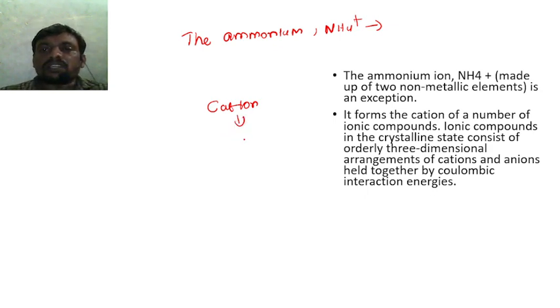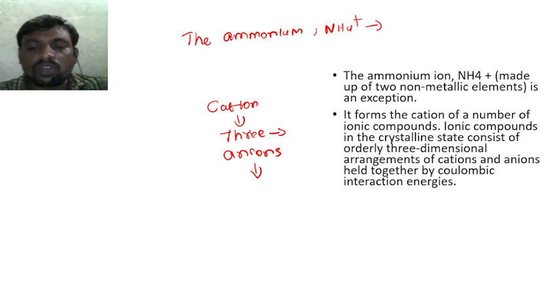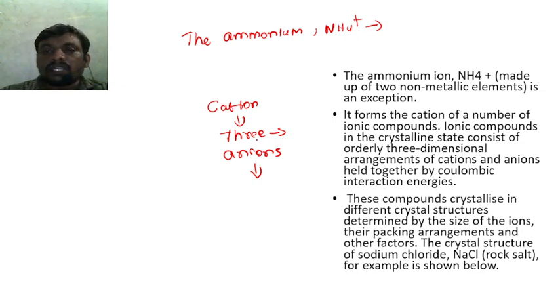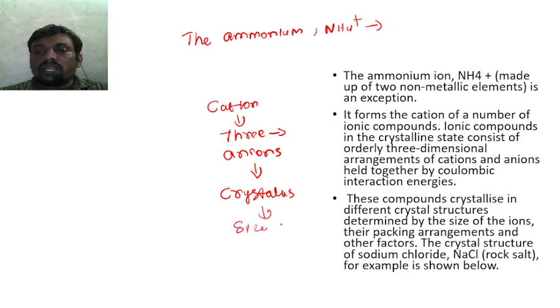Ionic compounds in the crystalline state consist of a three-dimensional arrangement of cations and anions held together by Coulombic interaction energies. What is Coulombic interaction energy? These compounds generally crystallize in different crystal structures determined by the size of the ions, their packing arrangement and other factors.